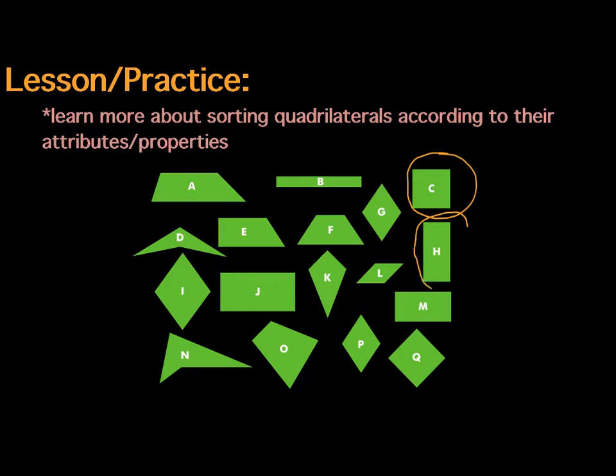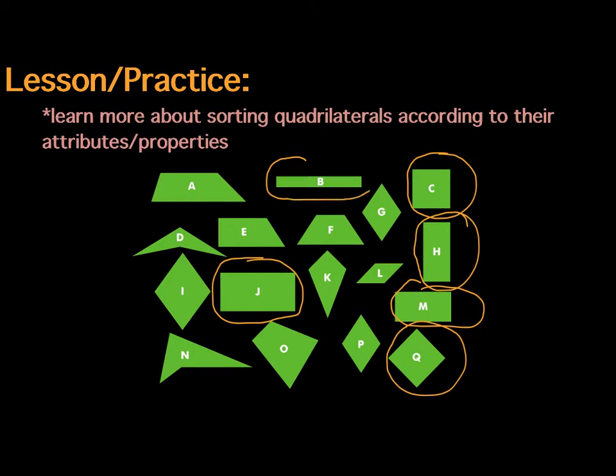Letter H, letter M, letter Q, letter J, and remember I'm looking for all right angles. I might have not said that. And I think that's it for, oh, there's one more. Letter B. Okay, I think that's it for all right angles.